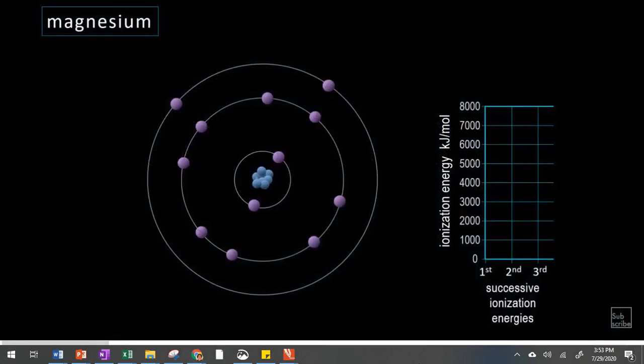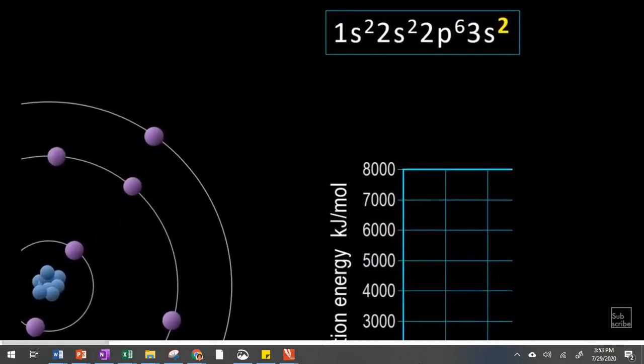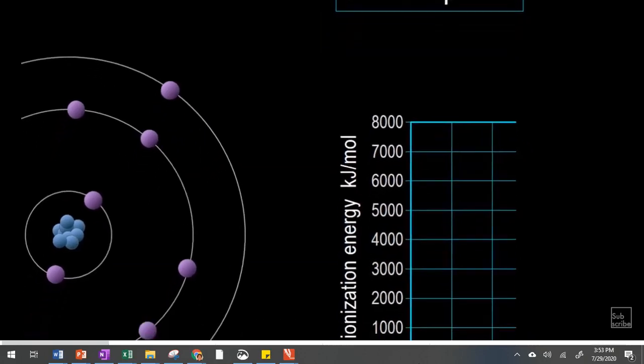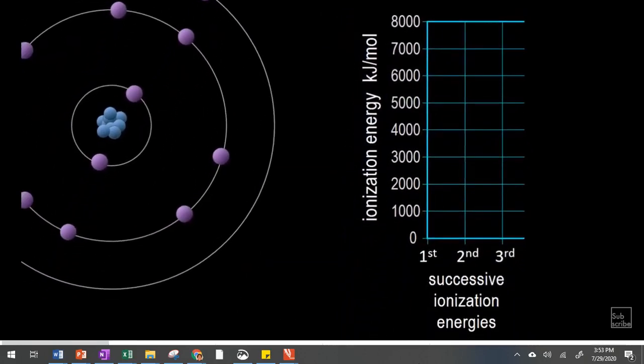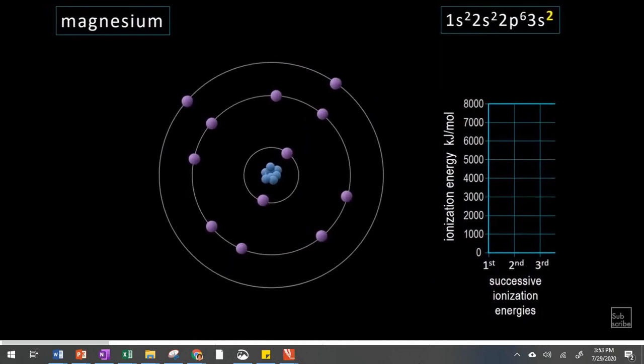Let's begin by taking a look at energies required to remove electrons from magnesium. The electron configuration is shown at top right, and we are keeping track of the ionization energy in the graph at bottom right. Neutral magnesium has 12 protons and 12 electrons.